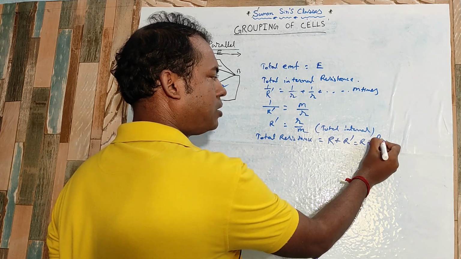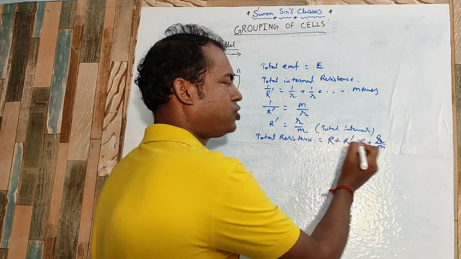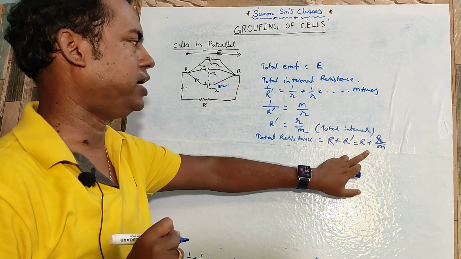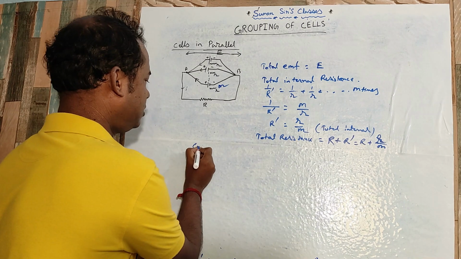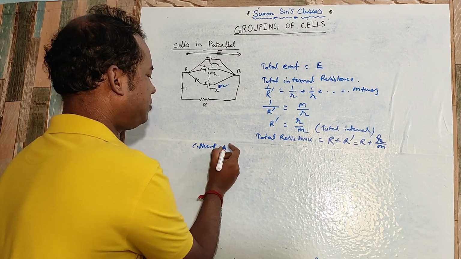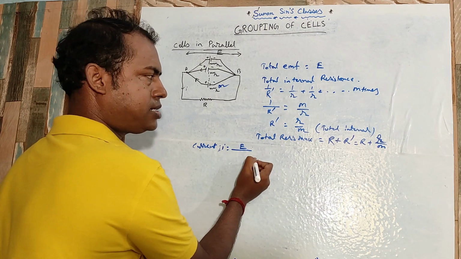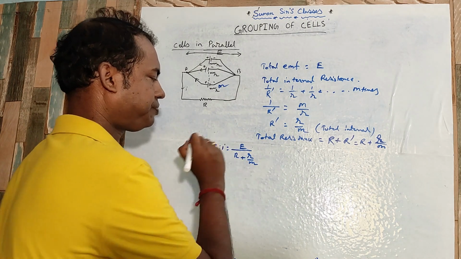This represents the total resistance. The EMF is E, the total resistance is this, so what is the current? Current I equals E by total resistance, that is E by R plus r by m.